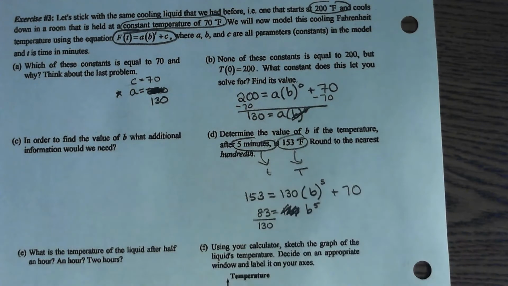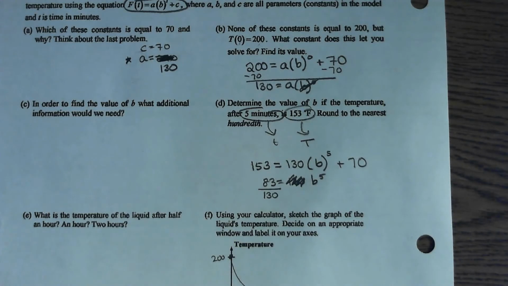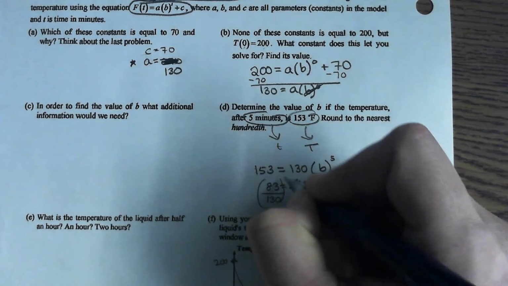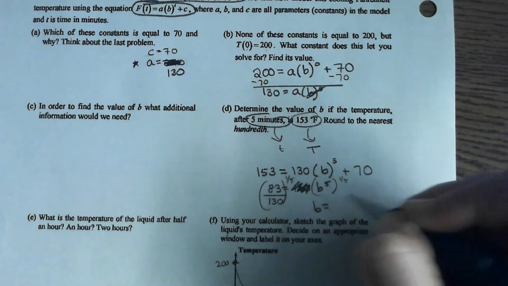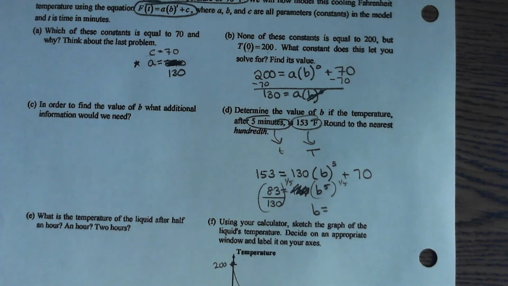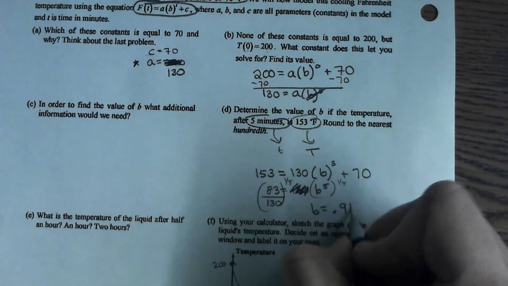How do we get rid of the fifth power? You raise it to the reciprocal. Very good. Raise to the 1/5, and we find out that B equals, and I'll just do this on my calculator quickly. Hold on, 0.91.